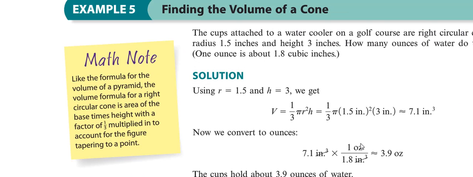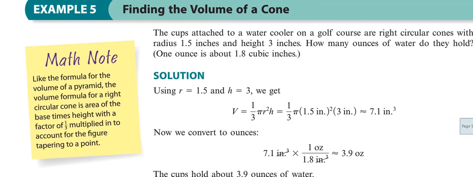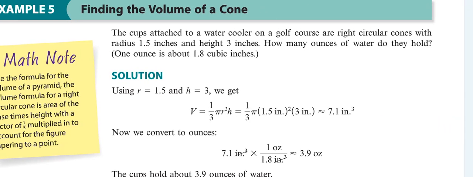Okay, here's an example. We have a right circular cone. The cups attach to a water cooler, and those cups on a golf course are right circular cones with the radius 1.5.